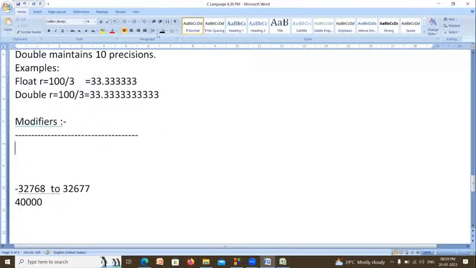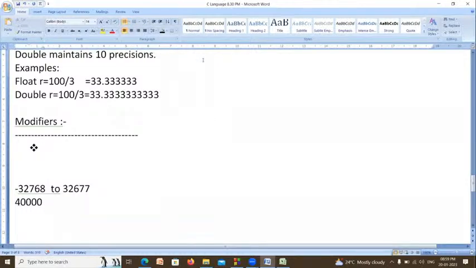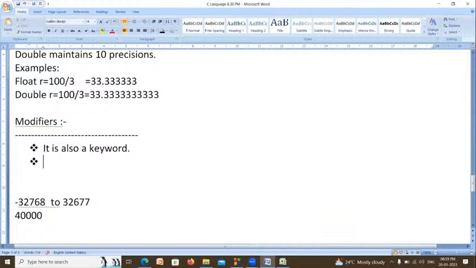Now, what is a modifier? A modifier is also a keyword, meaning these are already defined in the system. What is the use of a modifier? It is used to alter or modify the meaning of data types.